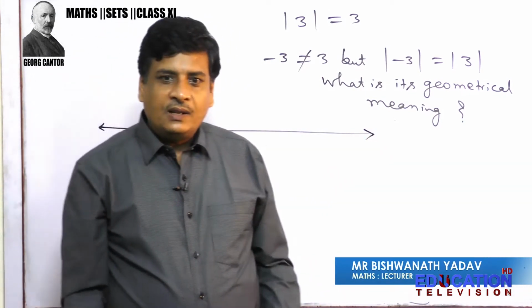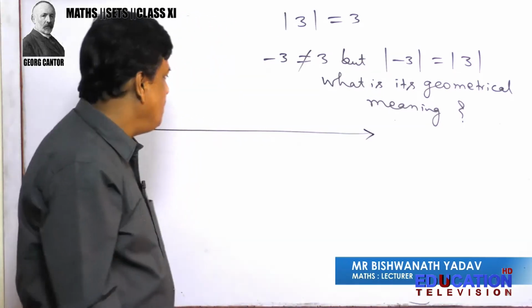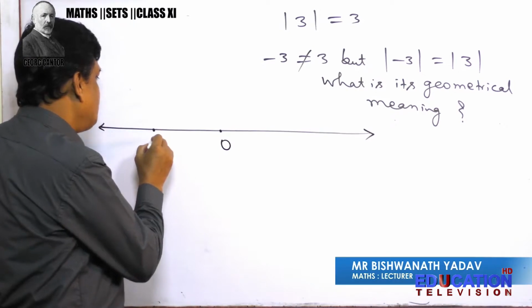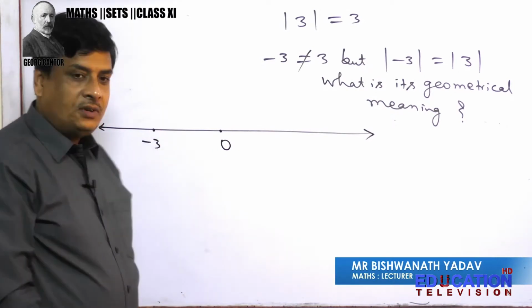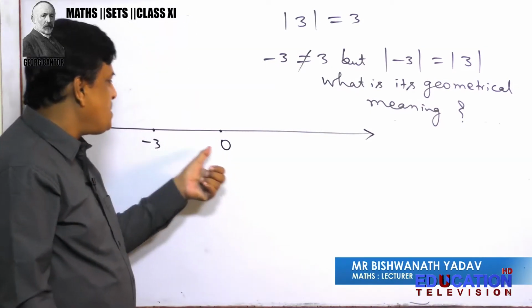As we know, each real number represents a unique point on a straight line. So minus 3 represents a point on the straight line on the left side of 0.